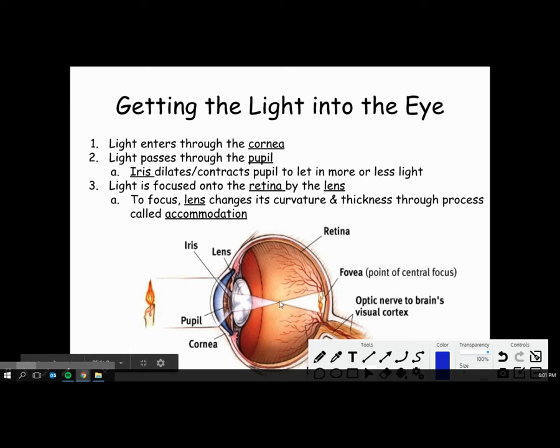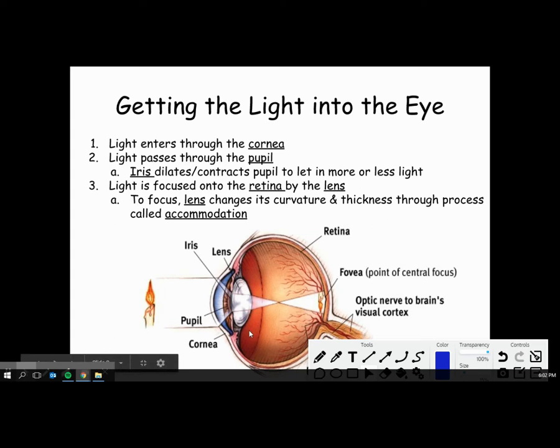So when the image hits your retina, because of the shape of the lens, you can actually do this if you go and get a spoon from your kitchen. Look at your face on the inside of the spoon, and your face will be upside down.